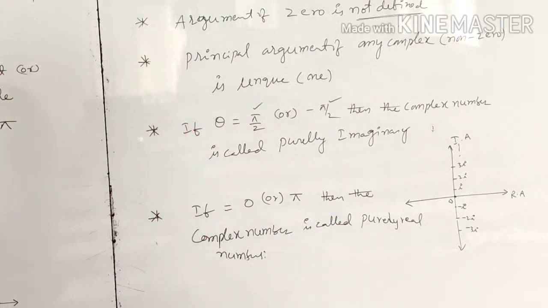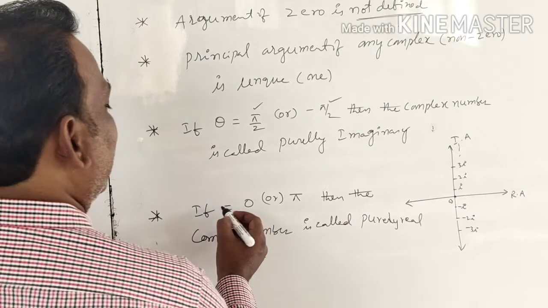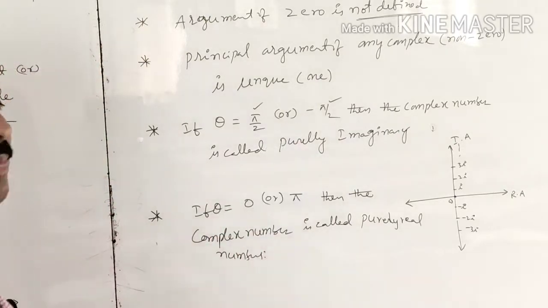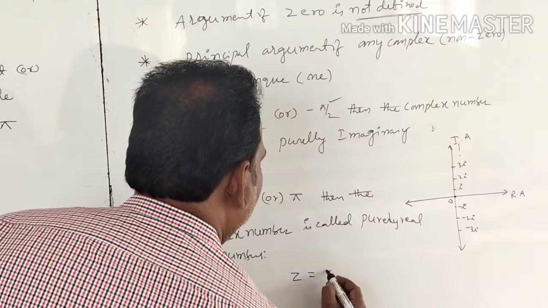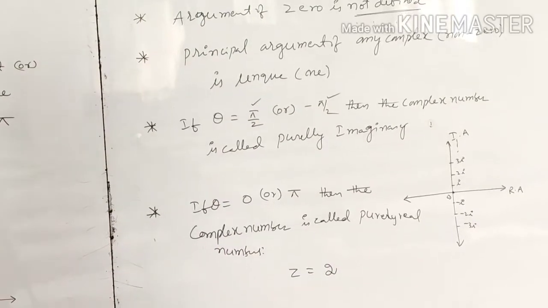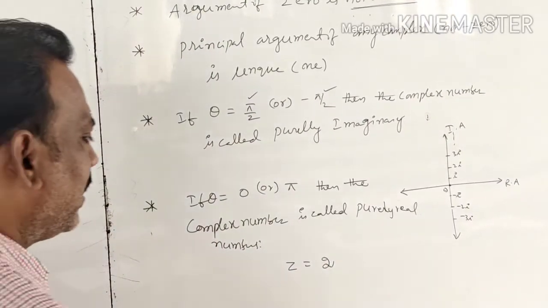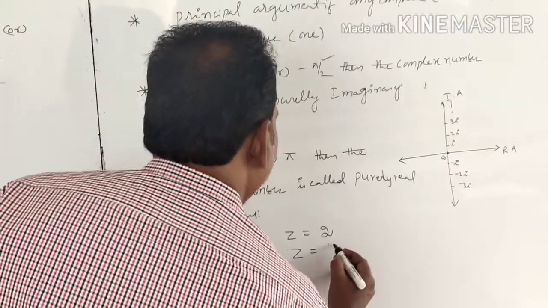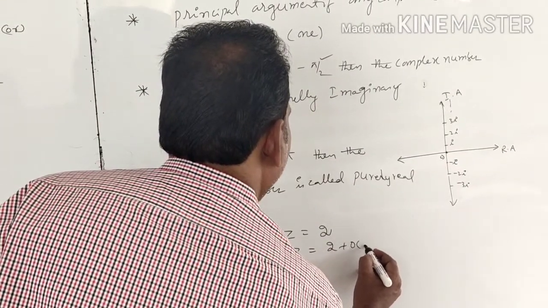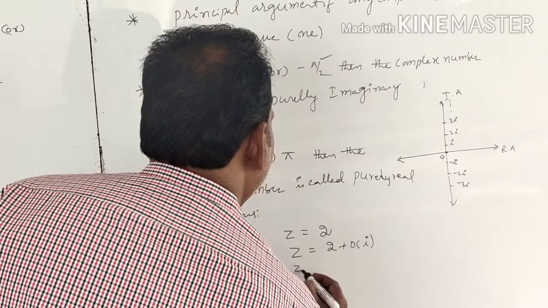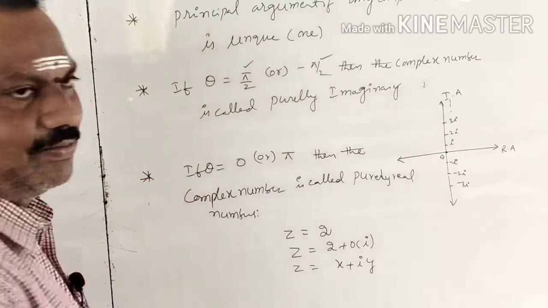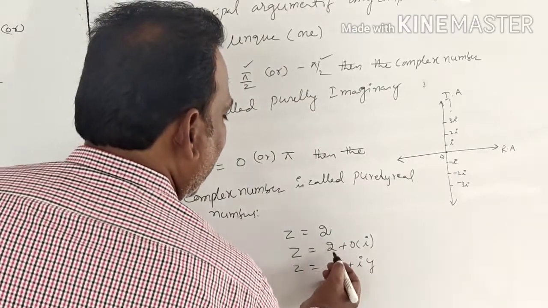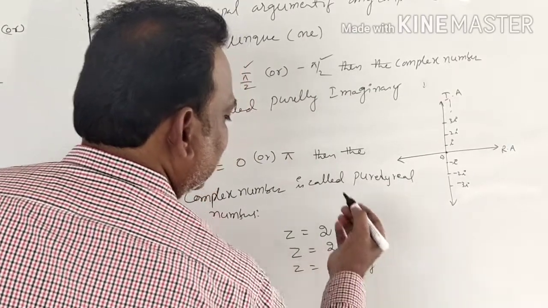You can see that if theta is equal to 0 or pi, for example, I am taking z equal to 2. It is also a complex number. If z is equal to 2, I can express it as 2 plus 0 into i. Correct, students? So z is in the form of x plus iy, where the x value is 2 and the y value is 0.